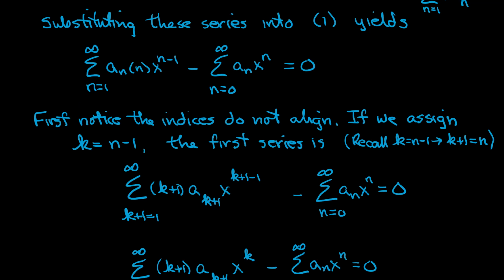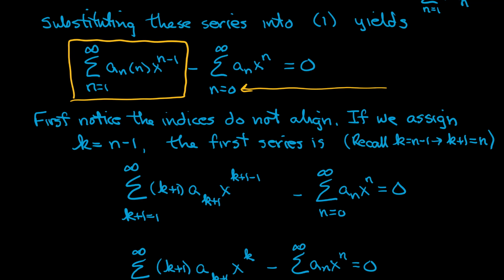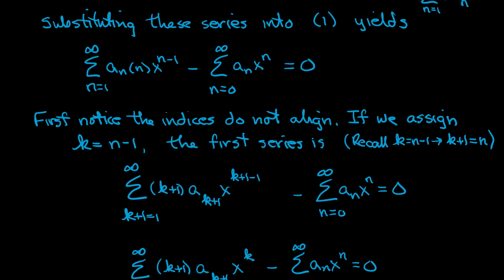Okay, so the first thing we're going to do here is to try to align the indices. In the case of the y prime power series, I'm going to get that where my index starts at 0, so it will match up with the index on the second power series. So I'm going to say, look, I'm going to call k, a new name for the index, n minus 1. Why do I want minus 1? Well, I want to start one smaller than where n is right now.